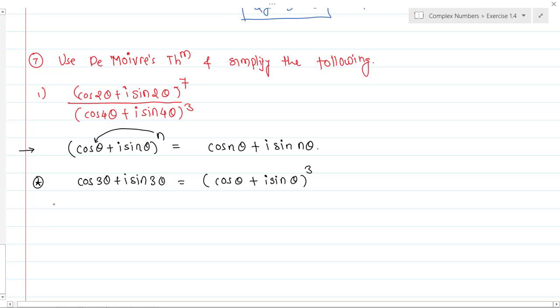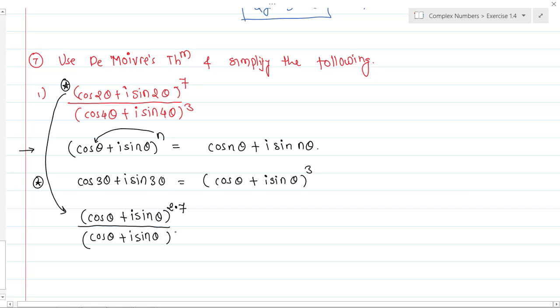Okay, so using this, how can we express this numerator and denominator? So if I have cos theta plus I sin theta, how much can I write for the numerator? Here the multiple is 2, so I can give you the 2 here, and there is 7, so 2 into 7 becomes 14, whole divided by cos theta, again I am removing that 4, plus I sin 4 theta, I will write just theta.